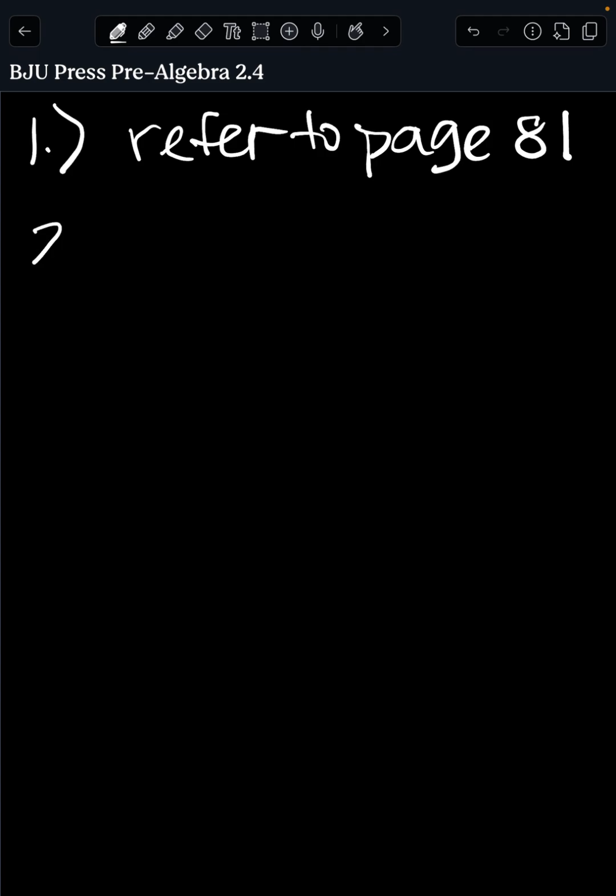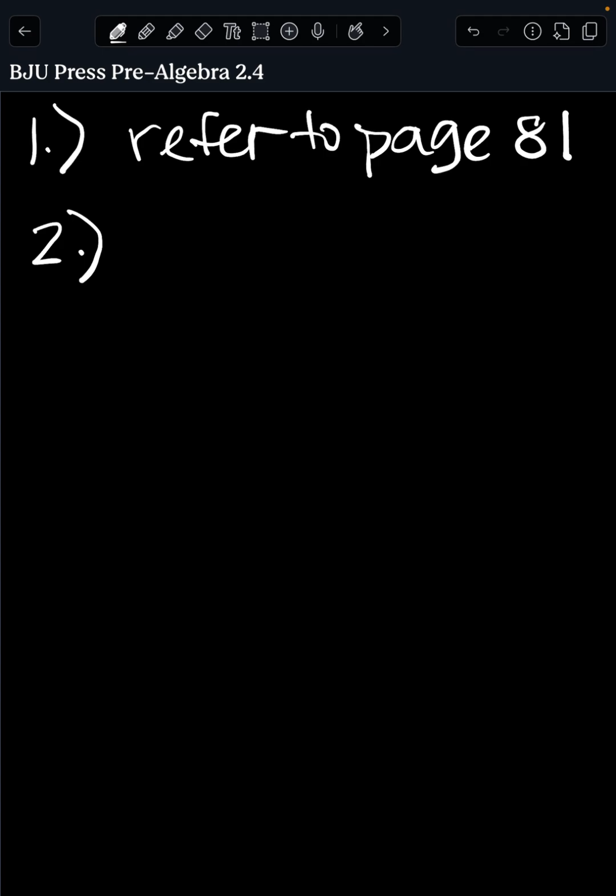Number 2, write each word phrase as a numerical expression. So all they want you to do is read the word phrase 7 less than 3 and write it. That's it. We don't need to do anything further. We're just leaving it as the expression. So 7 less than 3.